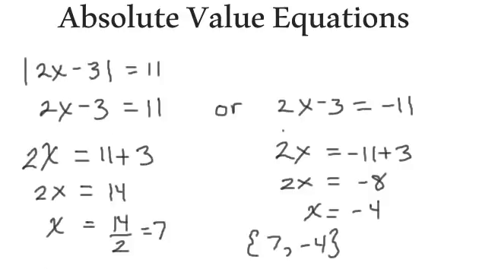Alright, let's look at another one. So we have the absolute value of x plus 7, and this time I'm going to have minus 2 is equal to 10. We want to get this thing in a standard form, and that is where we have the absolute value over here and then our constants over on the right hand side.